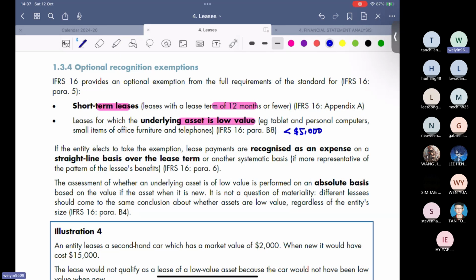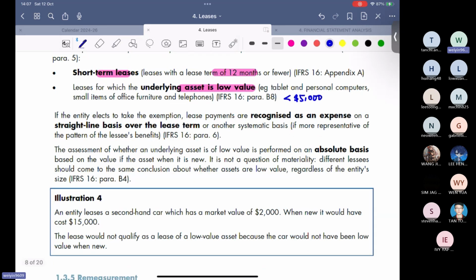And then you also need to look at the assessment of whether the underlying asset is of low value, which is performed on an absolute basis based on the value of the asset when it is new. Meaning we look at the value of the asset, which is less than, for example, 5,000.